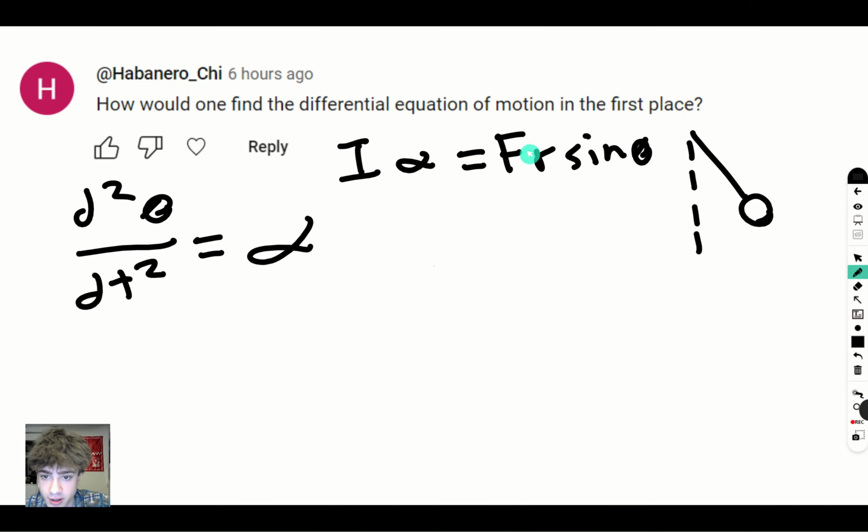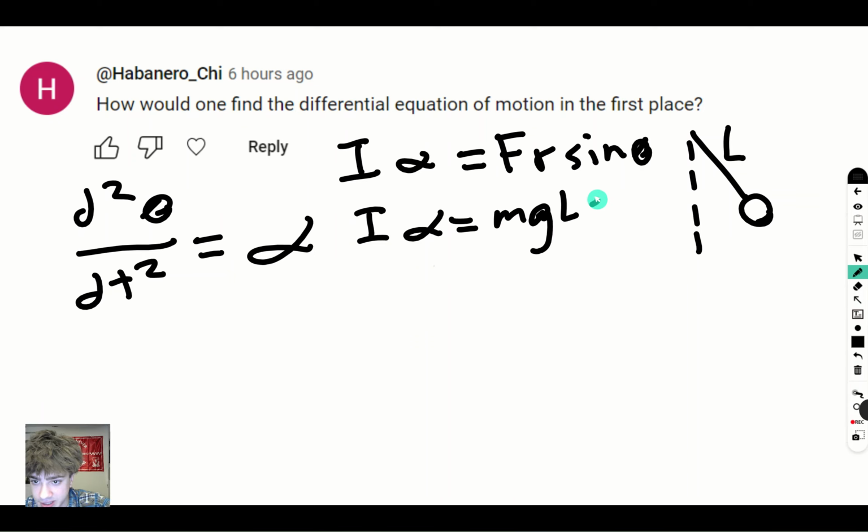So from here, let's take a look at our force. Our force is simply going to be the gravitational force mg. Our radius is going to be the length of this rod, massless rod or string. So we'll have I alpha is equal to mgl sine theta.